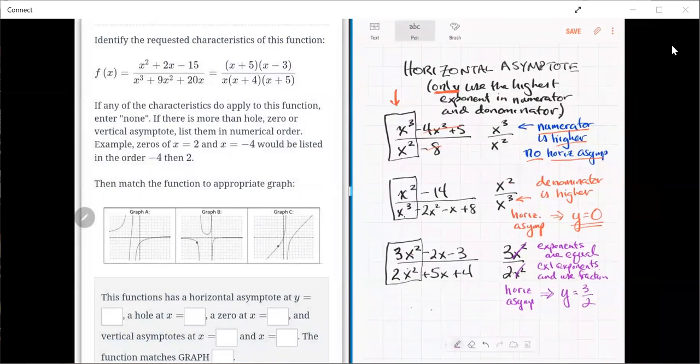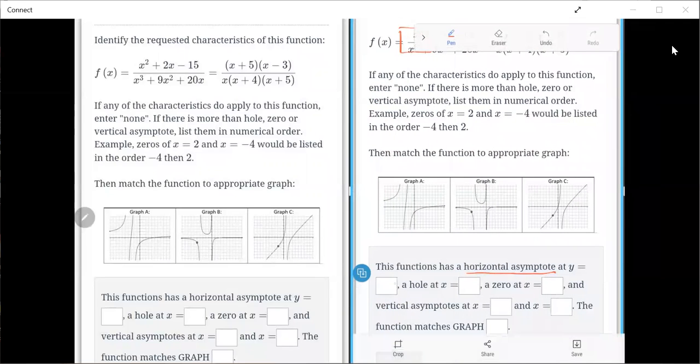If I go over here, here's my example, x squared over x to the third power. It says y is equal to 0. So that's going to be my answer, y is equal to 0.